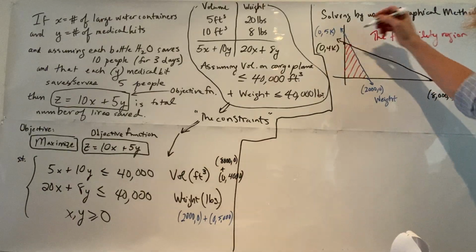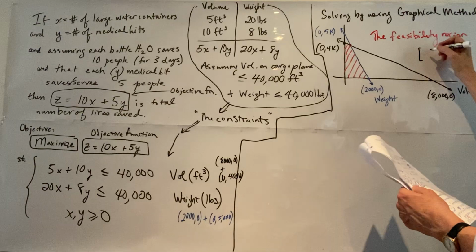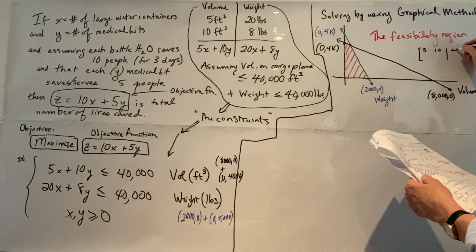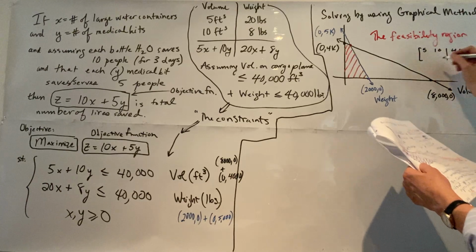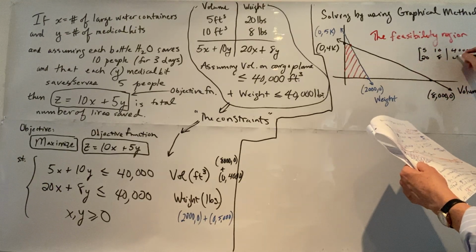That point right there, we find it by running our REF on 5, 10, 40,000, and 28, and 40,000.